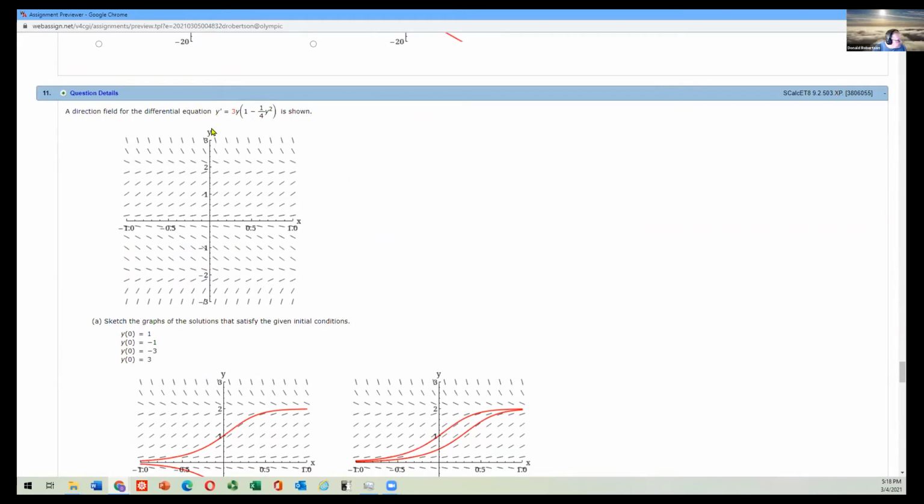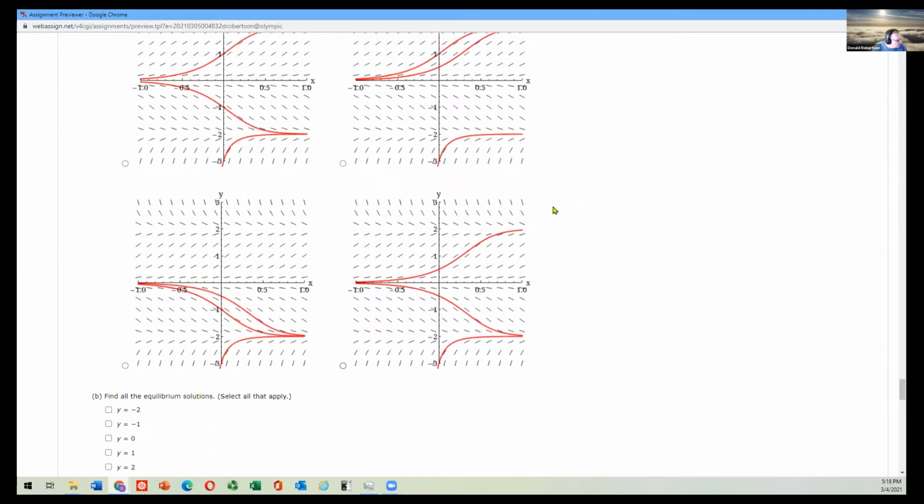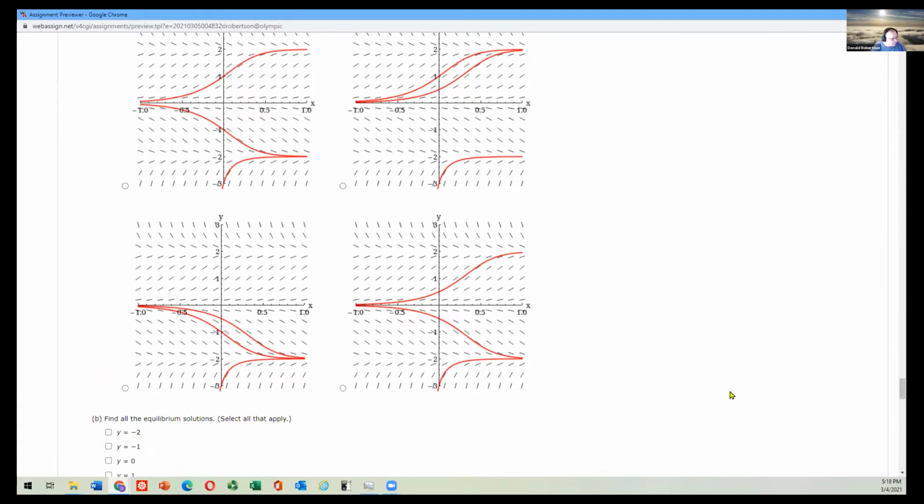The next one is back to the software: type that in. You will get this picture. And then you can do 0, 1, 0, -1, 0, -3, and 0, 3. Now, if you do that, one of these 4 pictures here will look like yours. And I don't know what it is, so I am going to say it's that one just to get that question done.